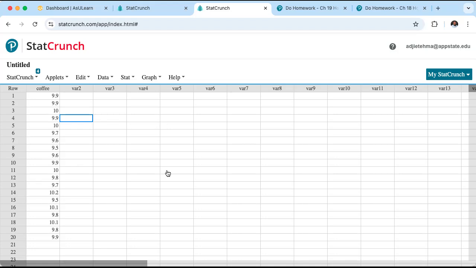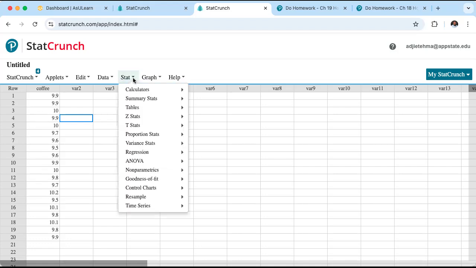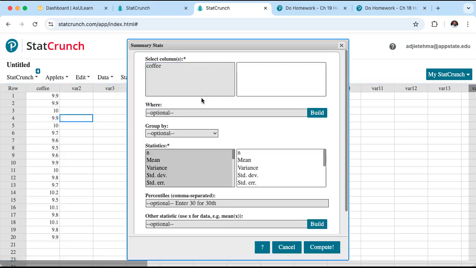The first step is to compute the sample mean of this data set. This is the original data set we have. To do that, we go to stats, summary stats, which you know how to get sample means. We hit columns. I named my data coffee.